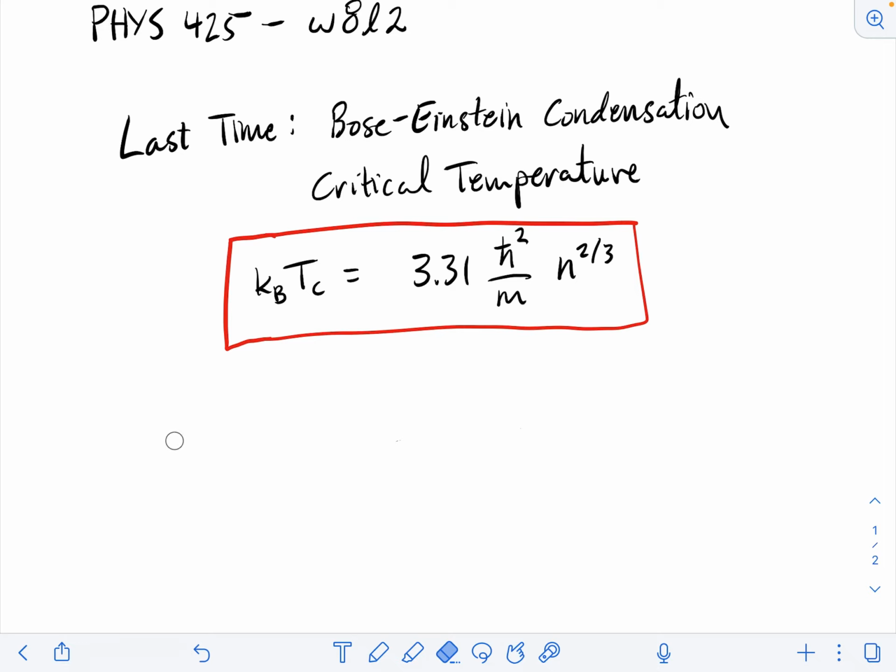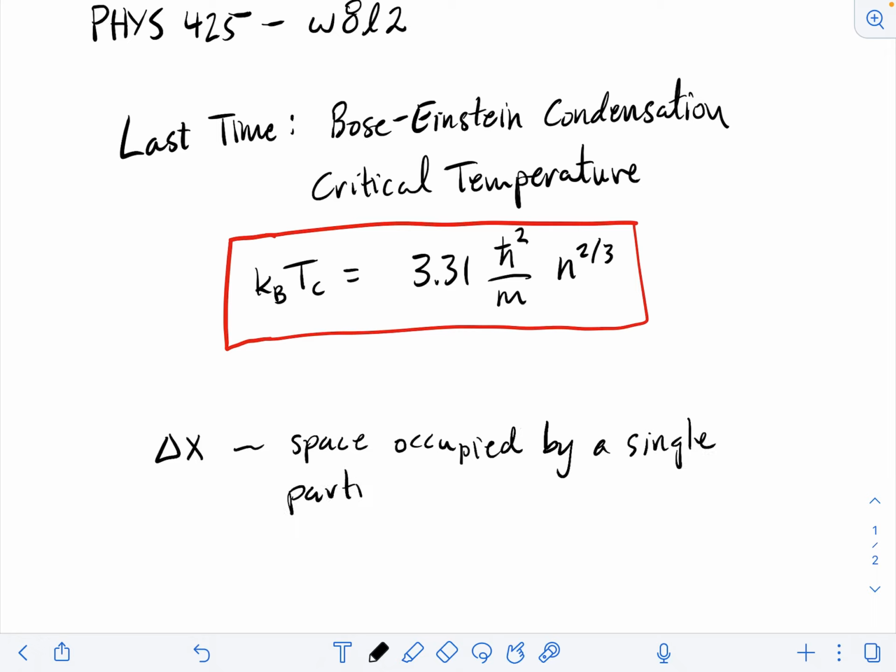Okay, so delta x is going to represent the space occupied by a single particle in the system.